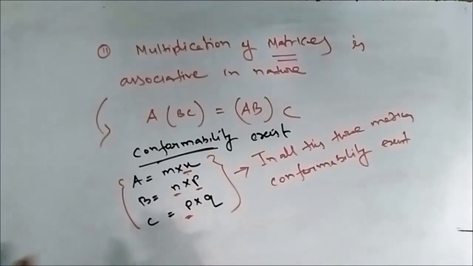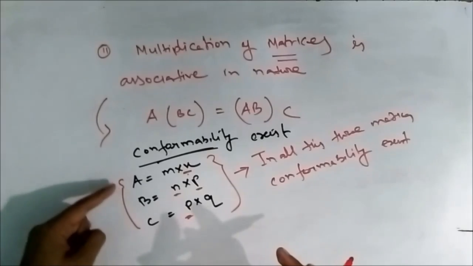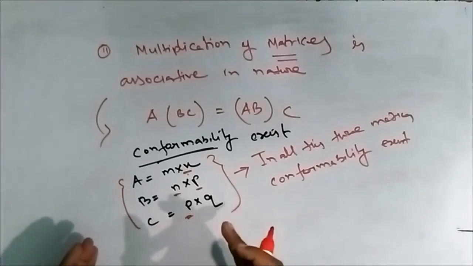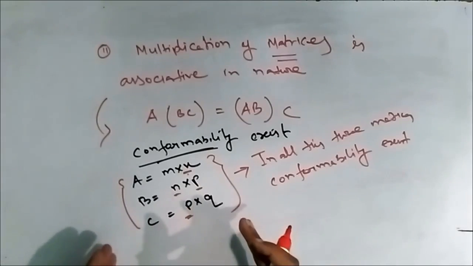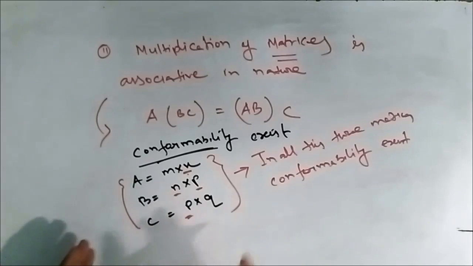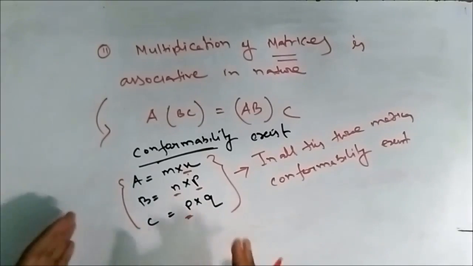So what is conformability? Conformability means the multiplication of AB and BC are possible, okay? Because only when the row column criteria are fulfilled, then only the multiplication of matrices is possible. So if conformability exists, then the matrix multiplication is associative in nature.